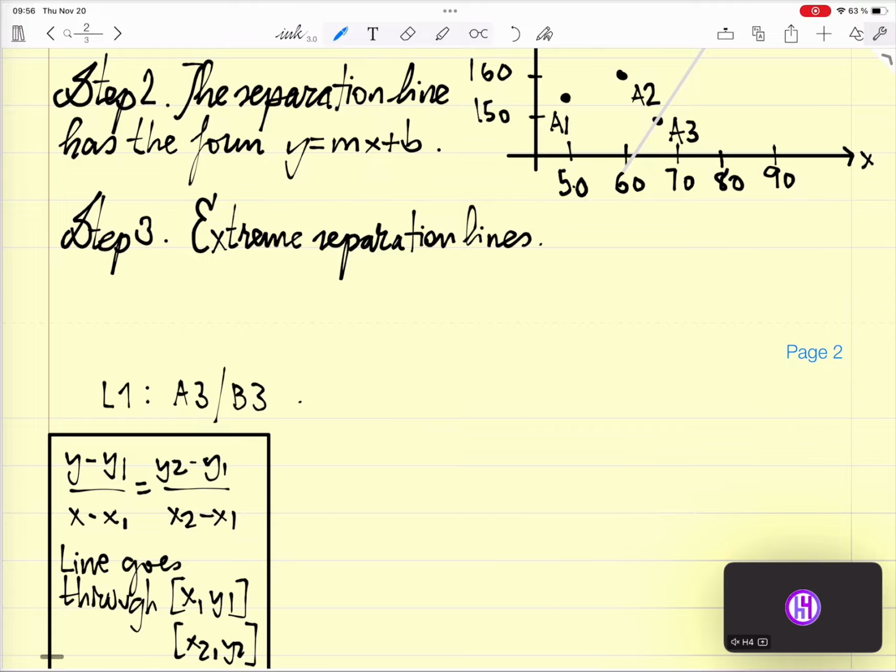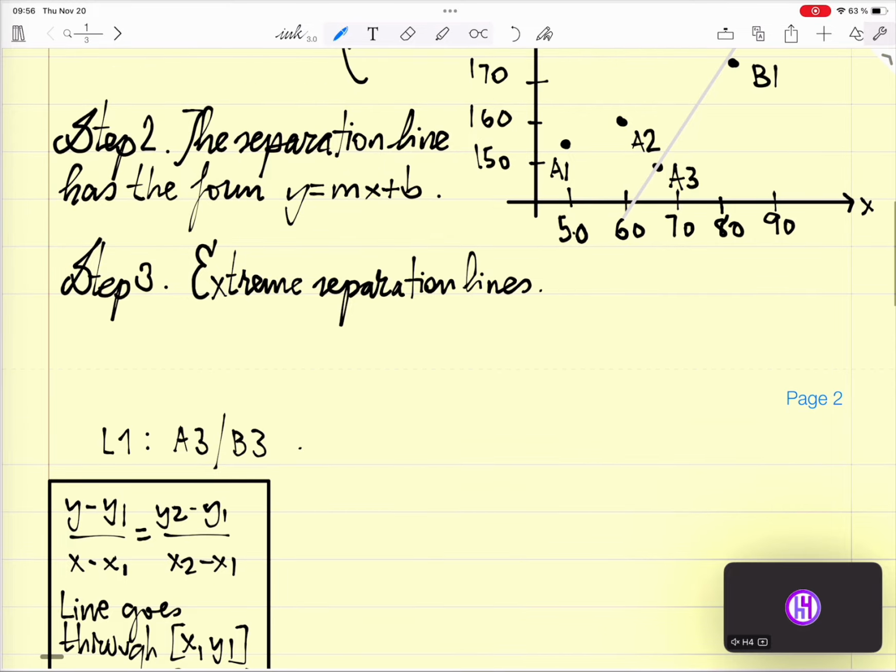So the point A3 is 68, 150, and the point B3 is 92, 192.